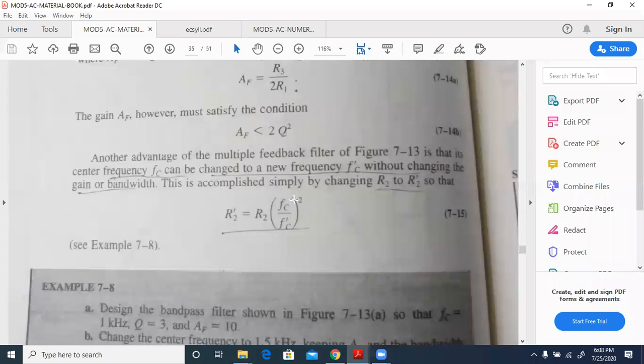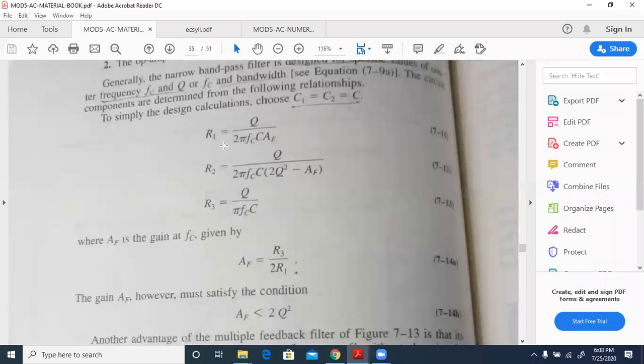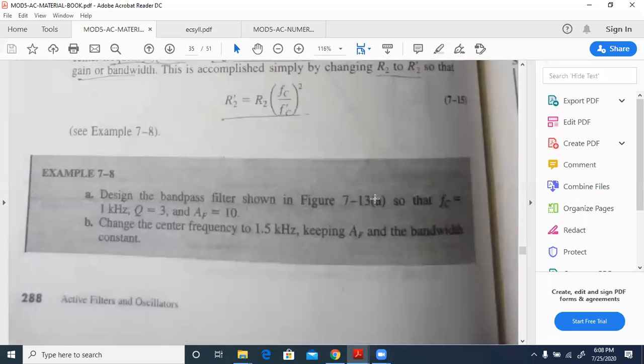FC is the old frequency, FC dash is the new frequency. So 2 by 1 whole square into R2. R2 we have found from here, and we just change it. 2 by 1 whole square will be 4, so 4 into R2 will be the value of R2 dash.